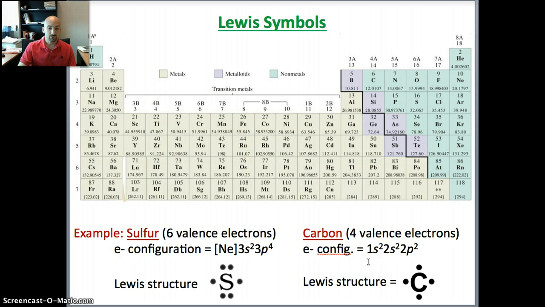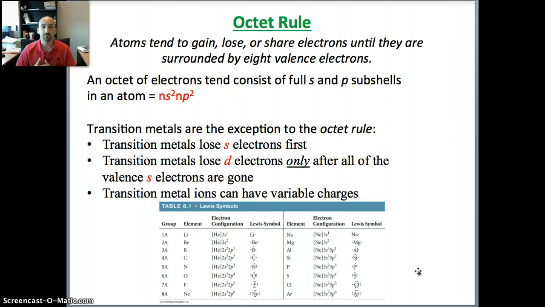All right, and so dots are really just placed on the 4 sides of the symbol, okay, so we can write at the top, the bottom, and the right and the left, okay, and each side we put 2 electrons, okay, because the outer valence shell can only hold a total of 8 electrons, so we can put 2 on each side, and we try to spread those out as much as possible, and it's preferred to add them basically the way it's shown instead of on 3 sides, okay, so we could put all 4 electrons on just 2 sides, but it looks better this way, and so that's kind of why we do that. Okay, so you should practice drawing Lewis structures, and we'll talk about that a little bit more during this part.